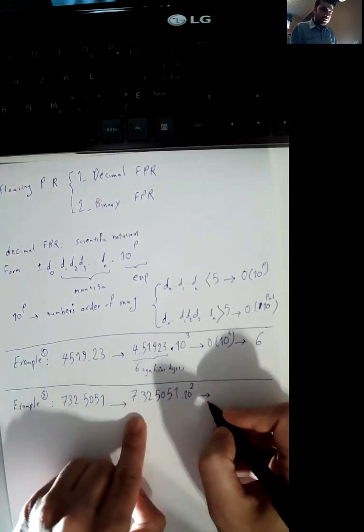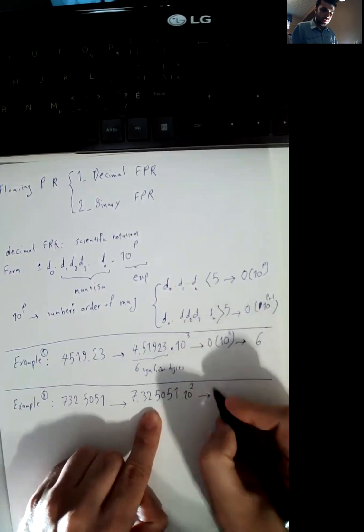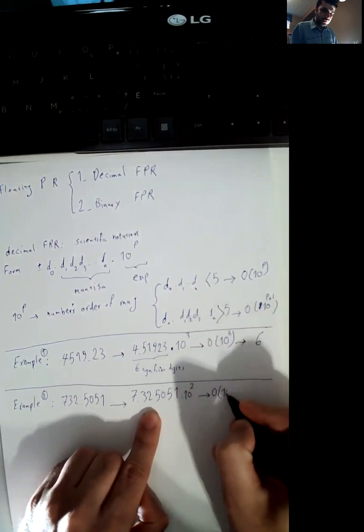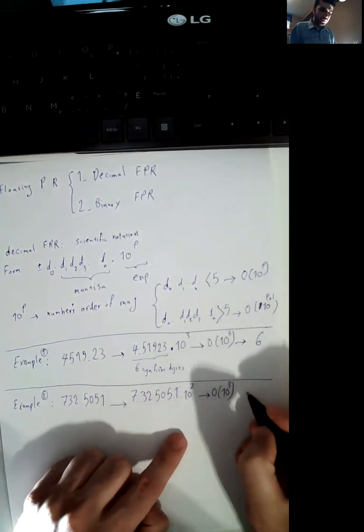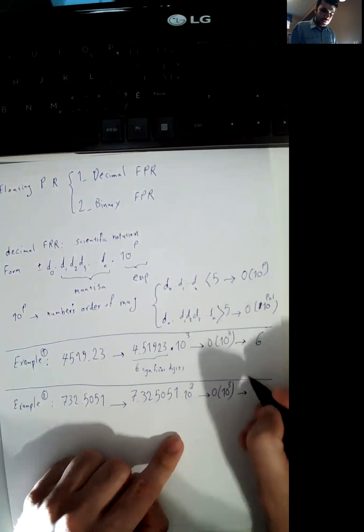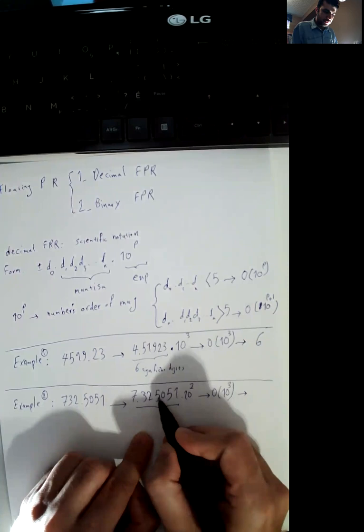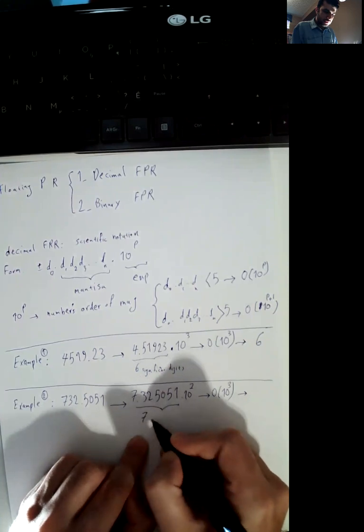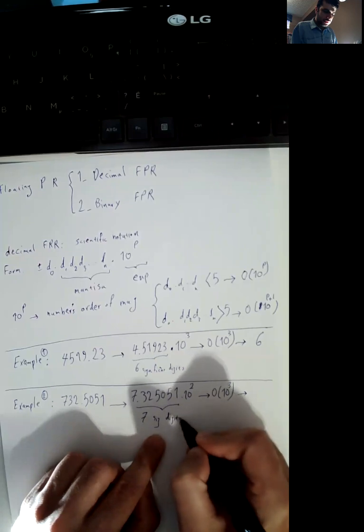Because this number is greater than 5, the order of magnitude is 10 to the power of p plus 1, which is 3. And the number of significant digits is 1, 2, 3, 4, 5, 6, 7. So 7 significant digits.